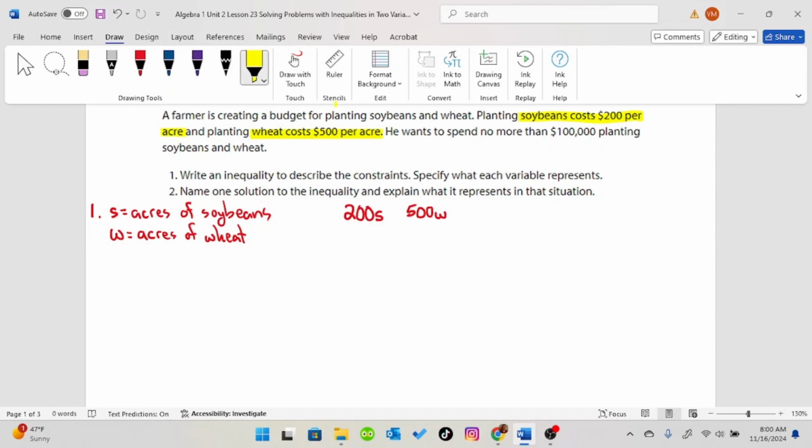We can see that he wants to spend no more than $100,000. So no more than means that it could be less than $100,000, or it could be exactly $100,000.